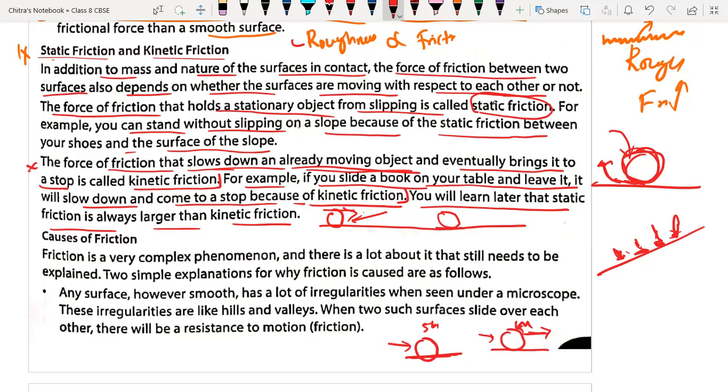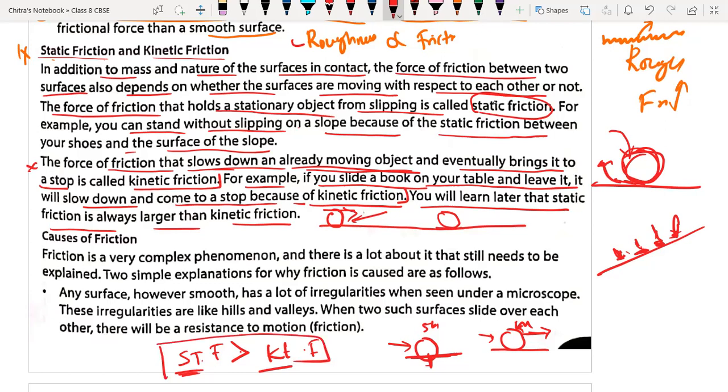That means the stationary friction's magnitude will always be greater than kinetic friction. KT is kinetic friction and ST is stationary friction. So static friction is always greater than kinetic friction. Very important that you remember.